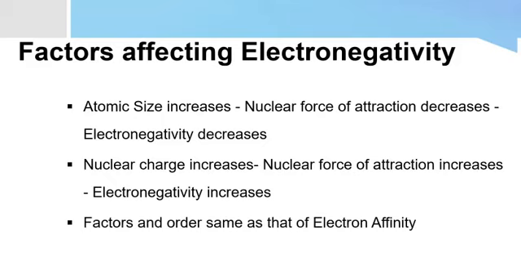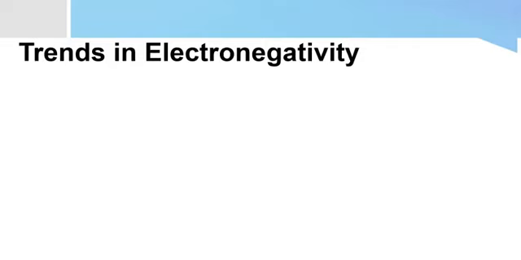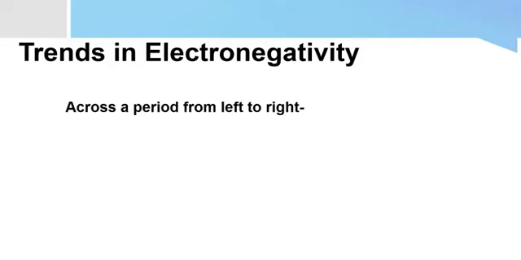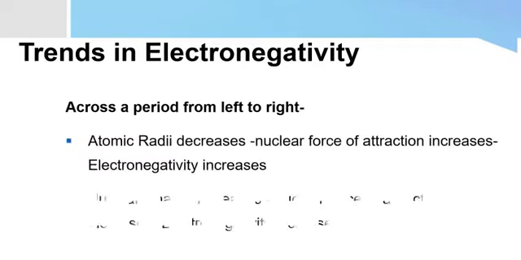Next, its factors and orders are the same as that of electron affinity. It follows the same trend as electron affinity. Next, how will electronegativity change when we move across the period from left to right? When we move in the same period from left to right, the nuclear charge will increase, and since the nuclear charge will increase, the atomic radius will decrease.